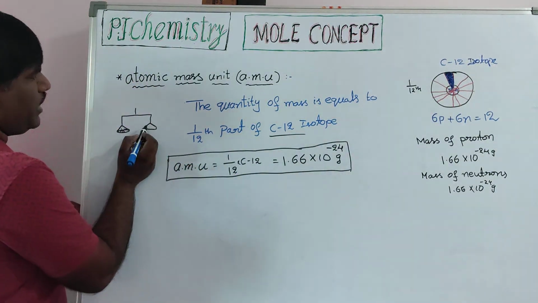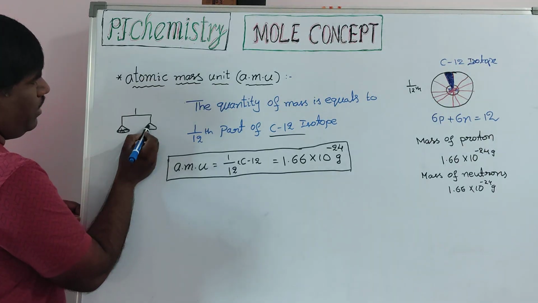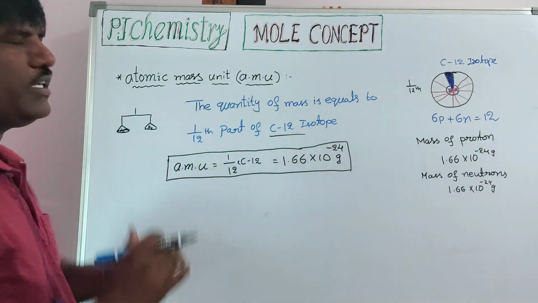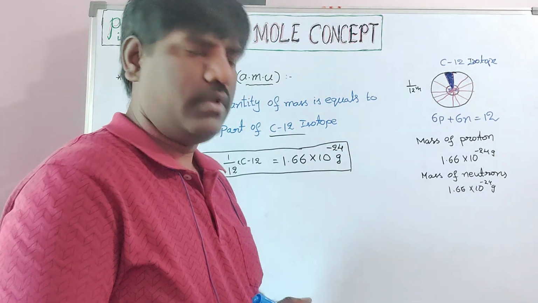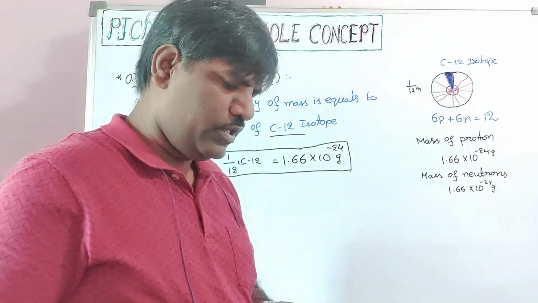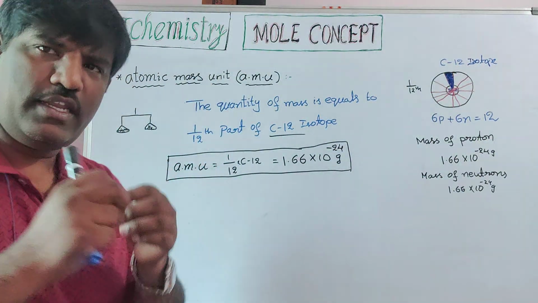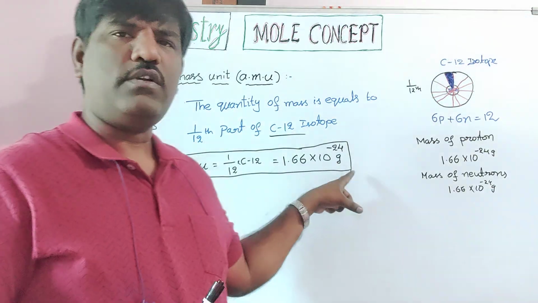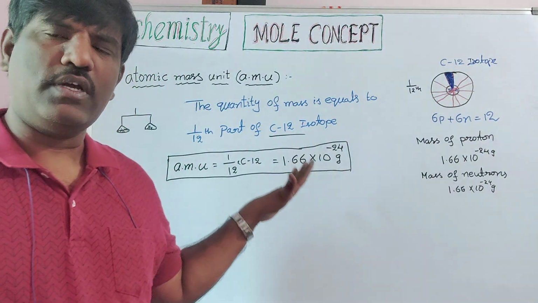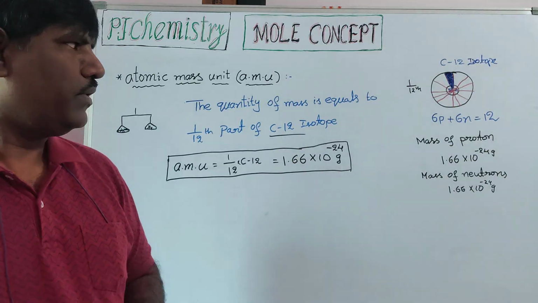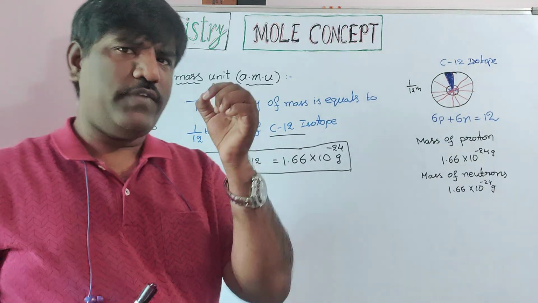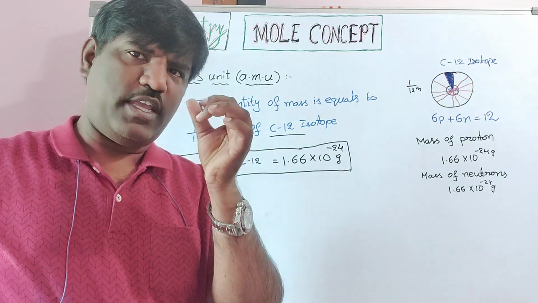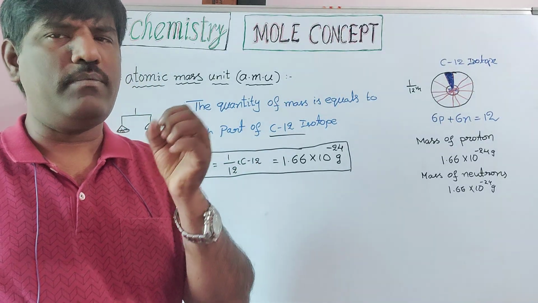Like that, when both become equal, that is 1 AMU. Like that, 1 AMU is equal to, for any atom, 1.66 into 10 to the power of minus 24 grams. Okay, now we got 1 AMU, 1 atomic mass unit.